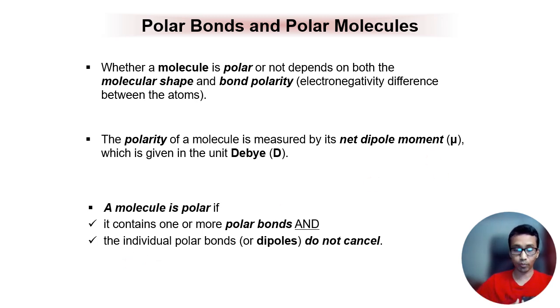First of all, it has to have polar bonds, and the individual polar bonds need not cancel. If the polar bonds cancel each other out, then the molecule is not going to be polar. If they do not cancel each other out, if they have a resultant dipole moment, that would actually make the molecule polar.